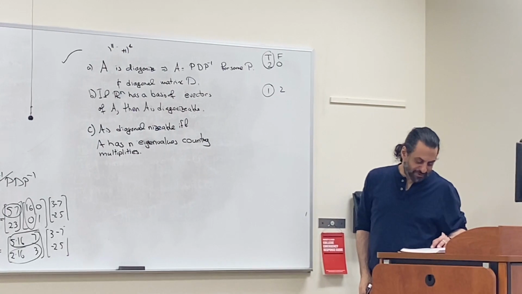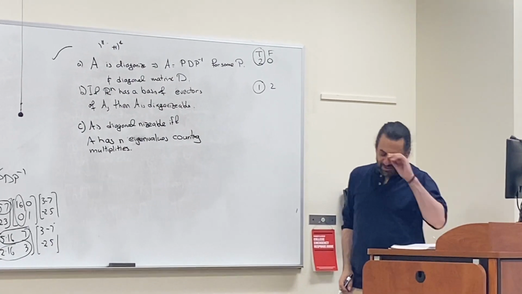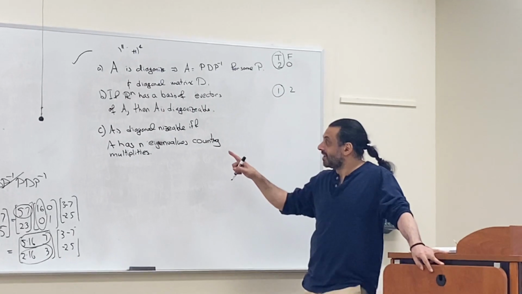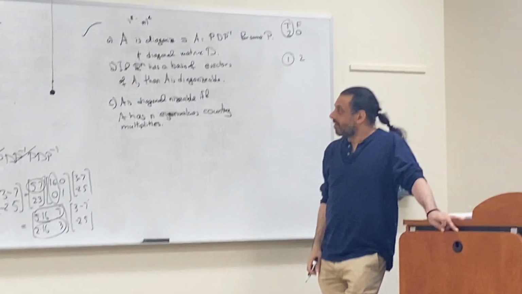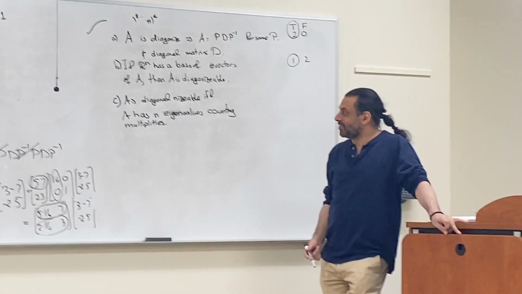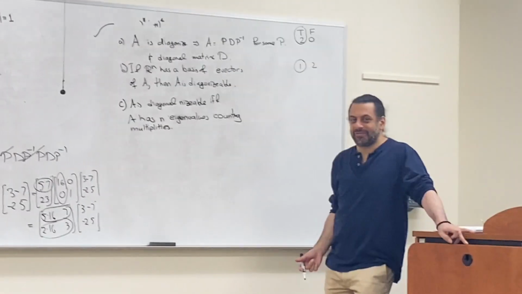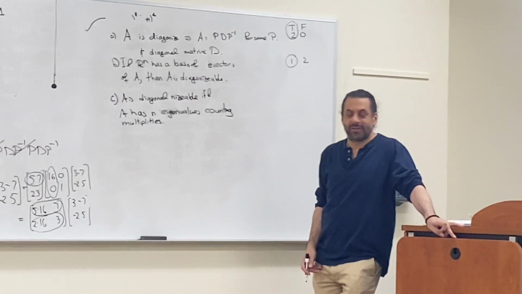So what does that mean, counting multiplicities? If you have an eigenvalue of multiplicity 2, you count that as 2, not 1. If you had an eigenvalue of multiplicity 5, you count 5, not 1.